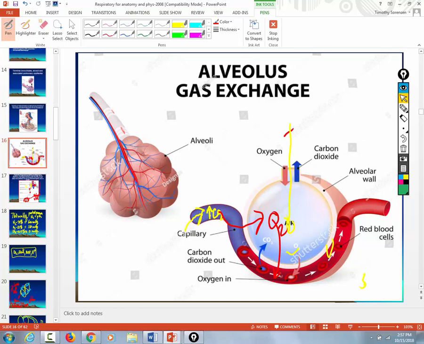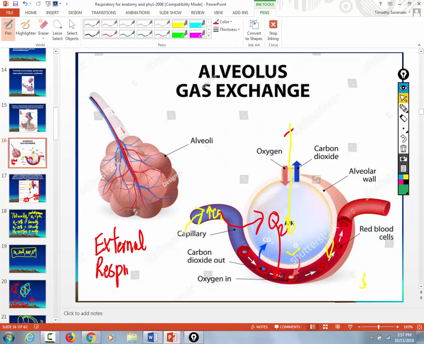So this is where the rubber meets the road, essentially. This is where gas exchange occurs in the lungs and with the circulation. So there's a term for this, and this term is called external respiration.